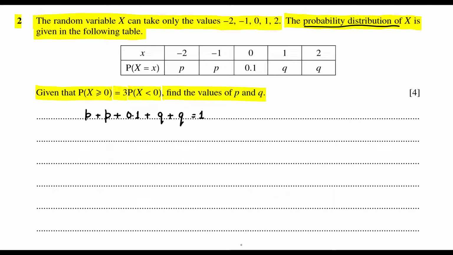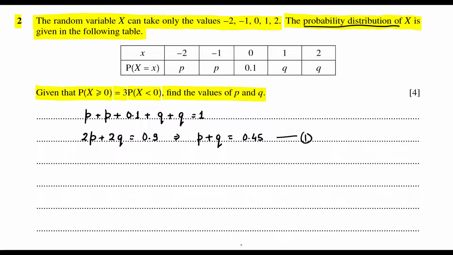I have added all and equated as 1. So it becomes 2p plus 2q equals 1 minus 0.1, which is 0.9. Or we can say p plus q equals 0.45, divided by 2. So this is the one equation.